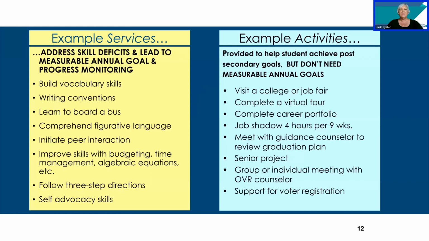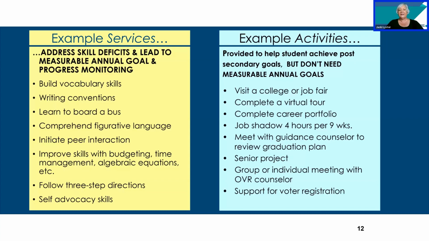So it might be building vocabulary skills or skills around writing conventions, learning to board a bus, comprehending figurative language, initiating peer interactions, or improving skills with budgeting, time management, algebraic equations, following 3-step directions, or self-advocacy skills. These are just some examples.